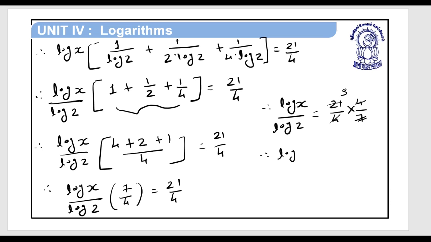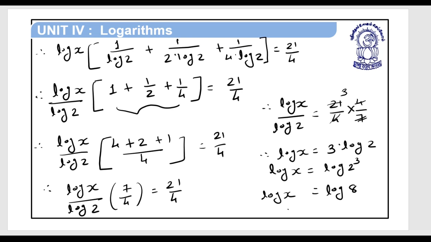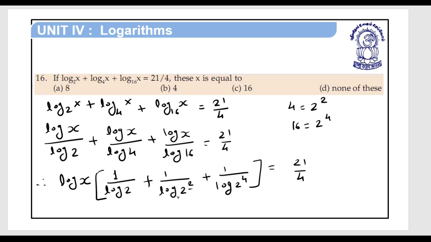So log x is equal to 3 into log 2. Log x is equal to log 2 cube. So 2 cube means 8. Log cancel. So x is equal to 8 is the answer. So the answer is A, 8.